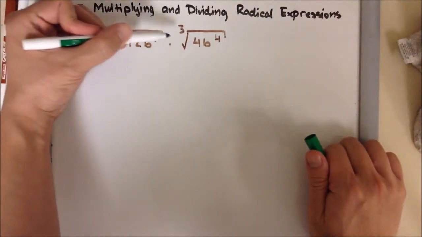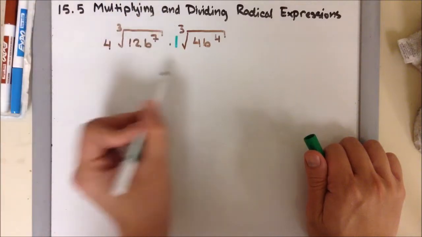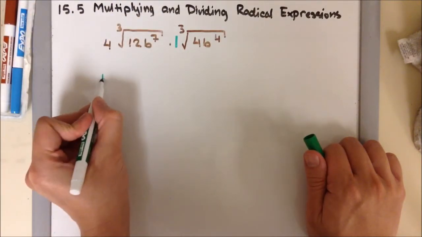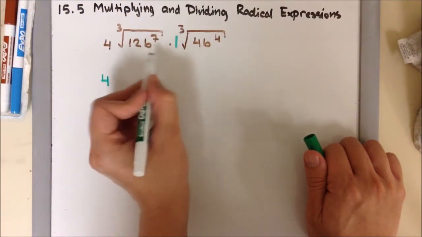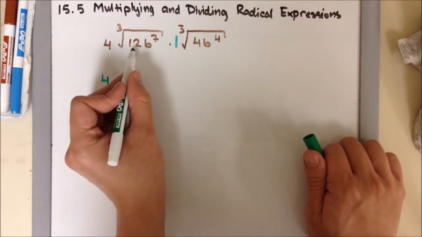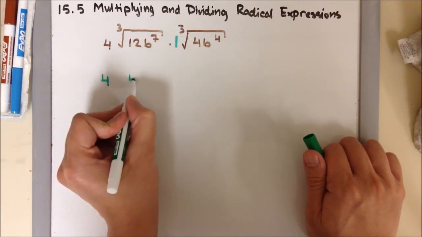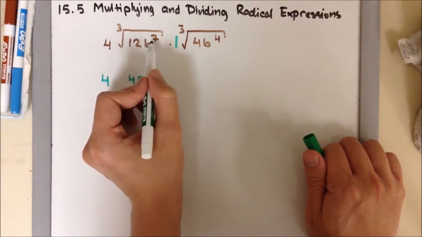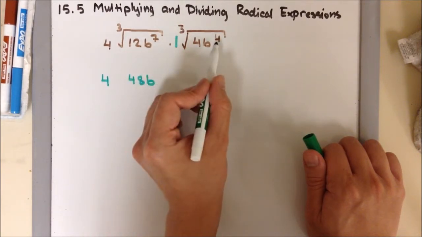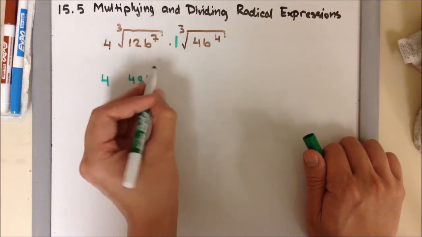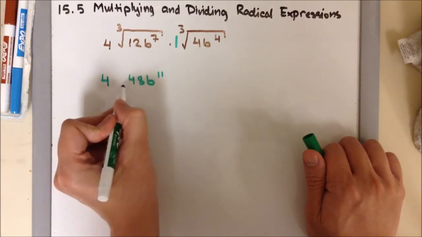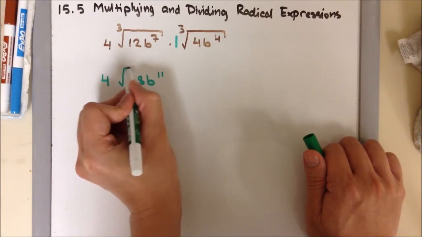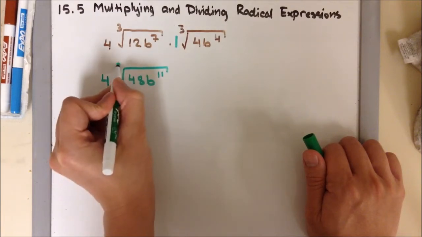Now here, we have that invisible 1, so I'm going to multiply the outside number, which is just 4. Then I'm going to multiply the inside. So 12 times 4, that's 48. I'm going to have b to the 7th power times b to the 4th power. Same base, I'm going to add the exponent, which is 11, all inside the cube root.